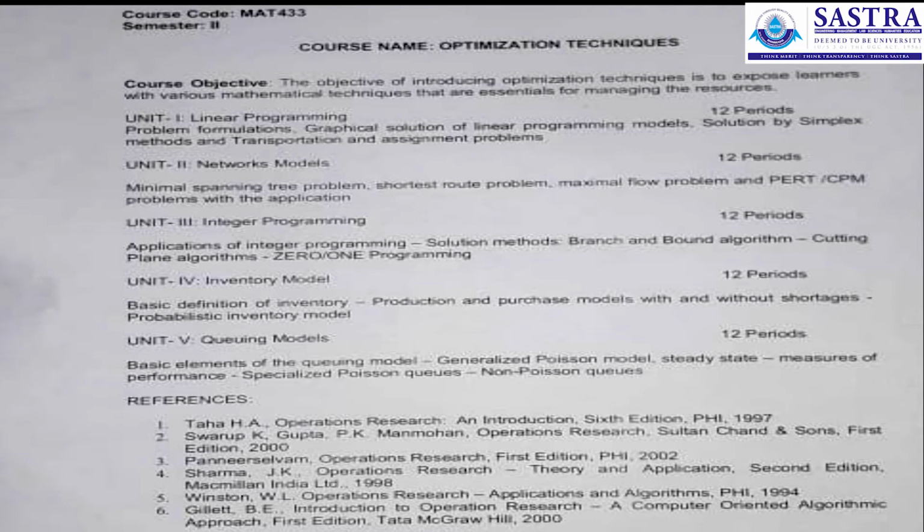Inventory model. You know what an inventory is? Physical stock of goods is called an inventory. There are 3 basic costs associated with an inventory control problem: holding cost, ordering cost, like that.